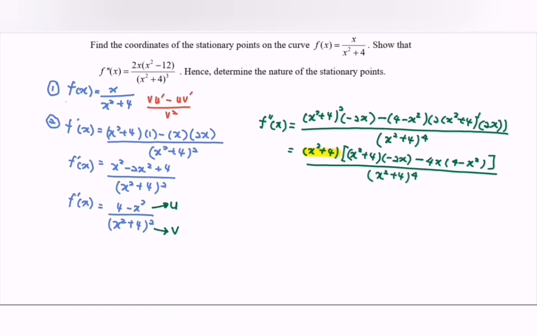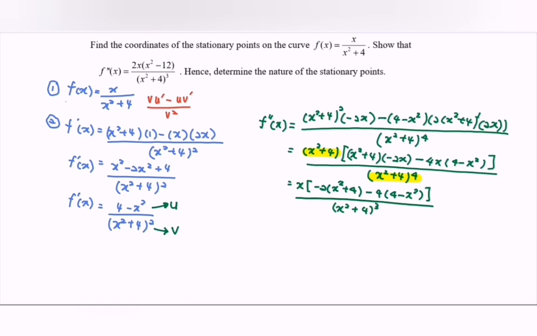So notice that we can simplify this part. Can we rewrite? We have x bracket, negative 2 bracket (x squared plus 4), minus 4 bracket (4 minus x squared), over (x squared plus 4) cube.